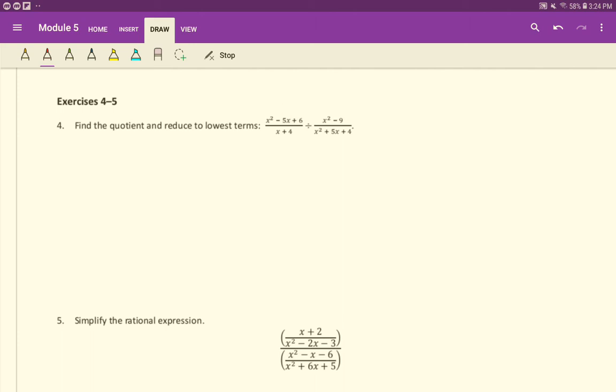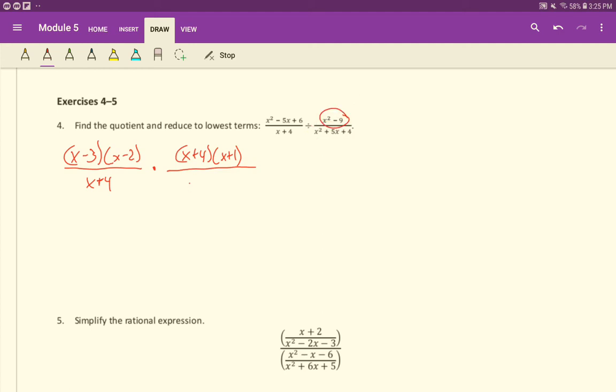Hopefully you did that. So let's go ahead. I'm going to do a couple things at once here. First, I'm going to factor this, and so it's going to be x minus 3 and x minus 2 over x plus 4. I'm also going to change this division to multiplication. So we'll say times, and I'm going to put this in the numerator, but I'm going to factor it too. So it's going to be x plus 4 and x plus 1 all over x squared minus 9.